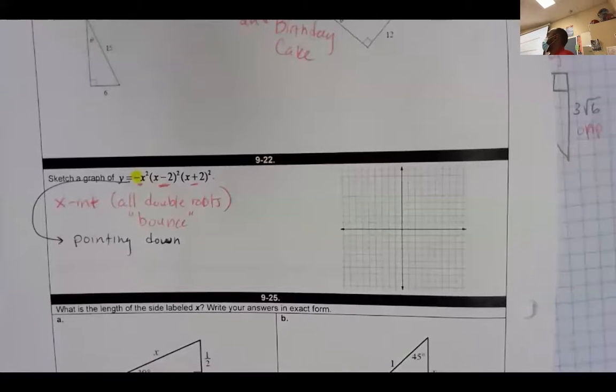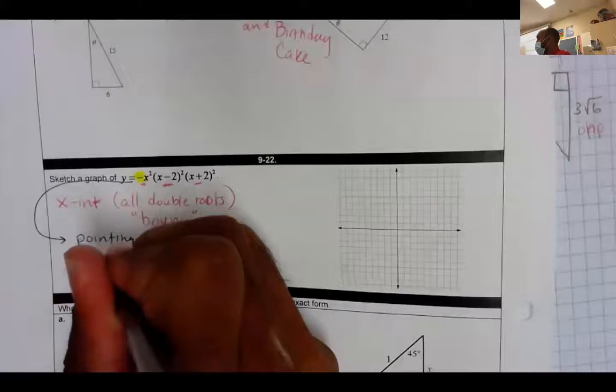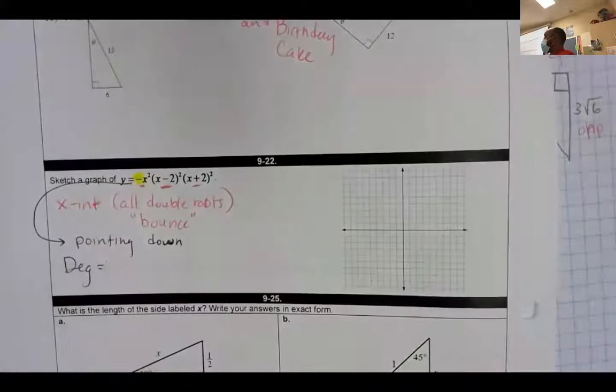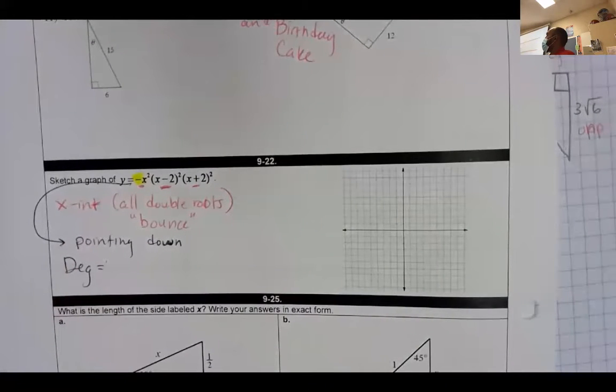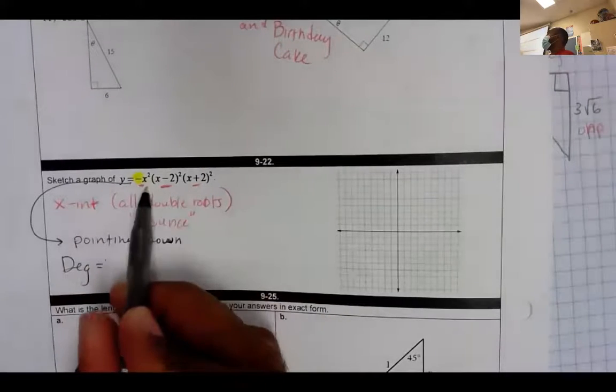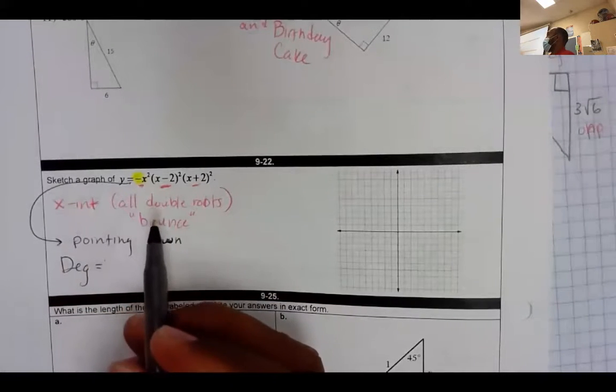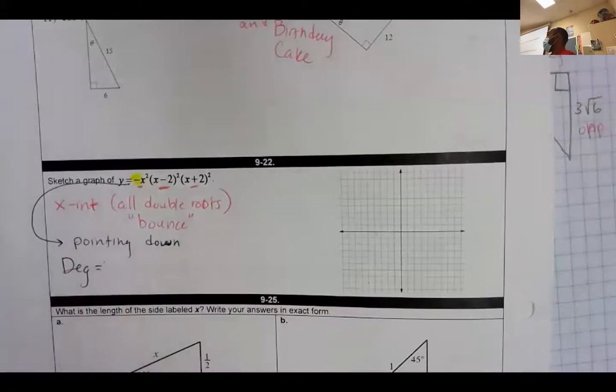Now, what do you guys think the degree is? No, it's not 4. Remember, if they're double roots, they all count as how many? You have 3 x-intercepts, but they're all double roots, so they each count as 2. So 6 total. That's why it's called a double root.